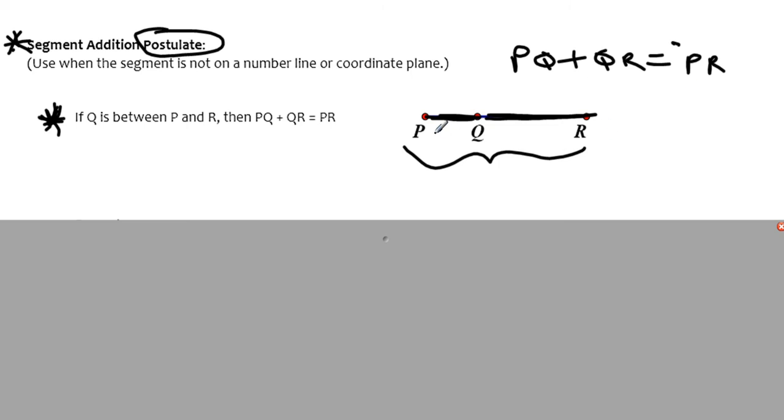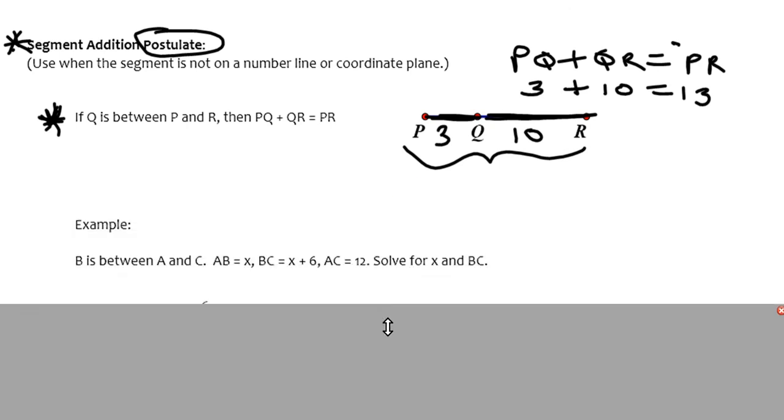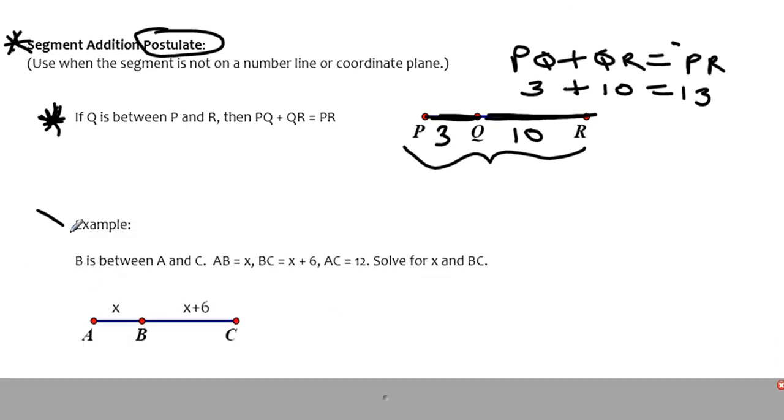So like we did before, let's say this was 3 and this was 10. PQ is 3 plus QR, which is 10, equals the length of the whole segment, which is PR, which would be 13. Okay? But now we're going to do it with algebra.